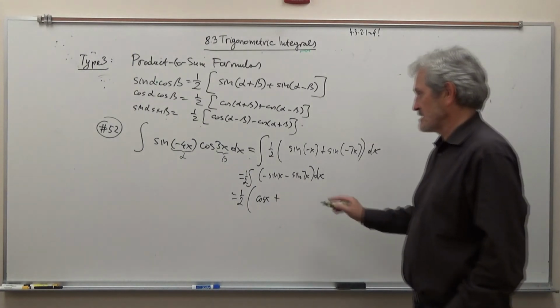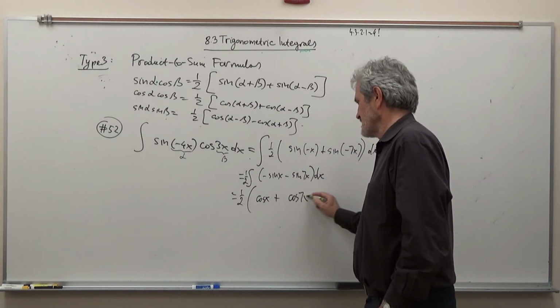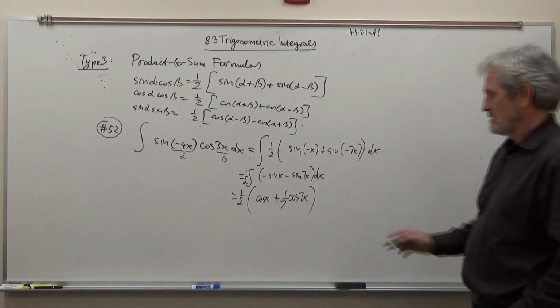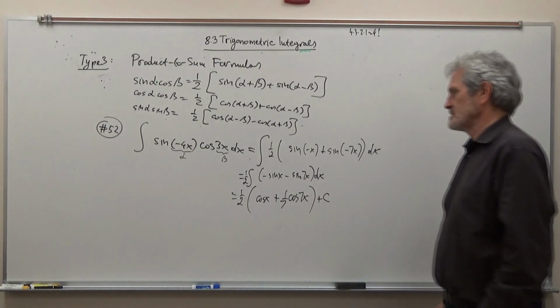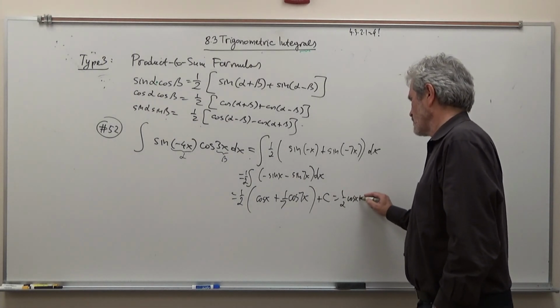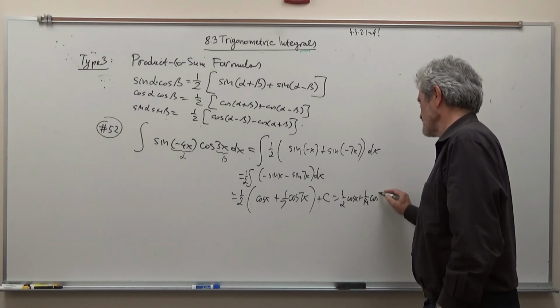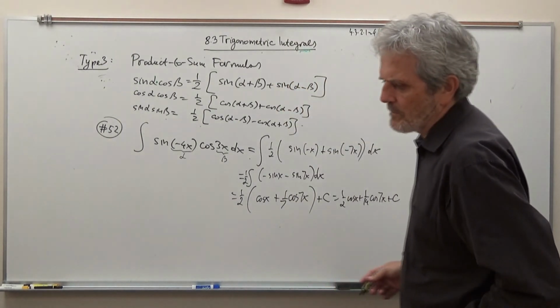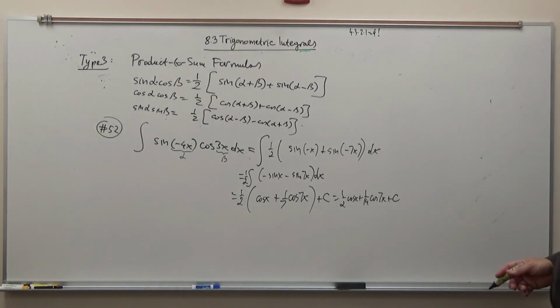The integral of minus sine 7x is cosine 7x, but 1/7 for linear correction, and here it is. Plus c, and that's the result. So it's 1/2 cosine x plus 1/14 cosine 7x plus c. So that is the result.